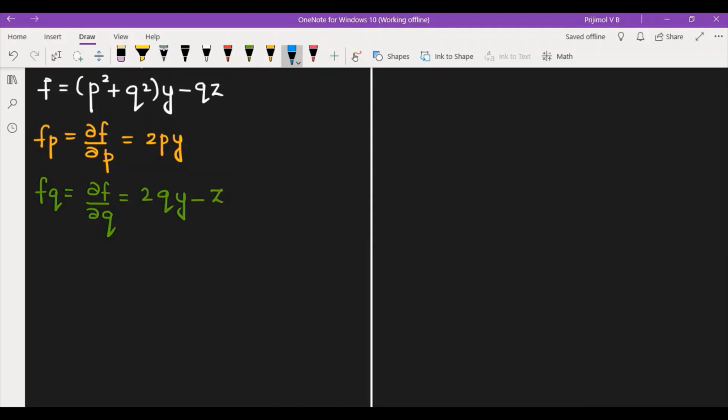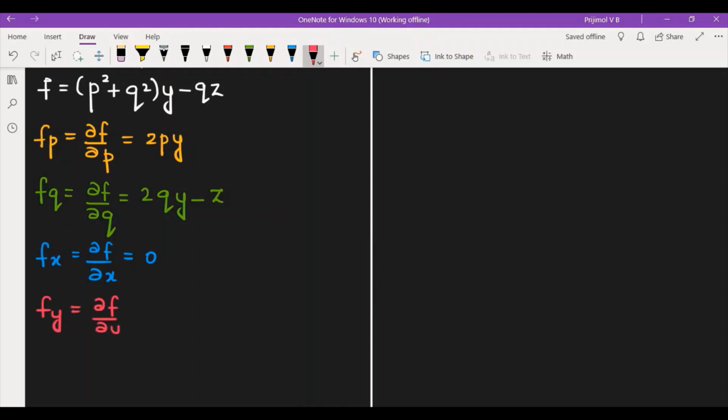Next find fx, differentiating f with respect to x. Even z is considered as constant in this method. So when you differentiate with respect to x, there is no x in our equation, so you get 0. Next find fy.